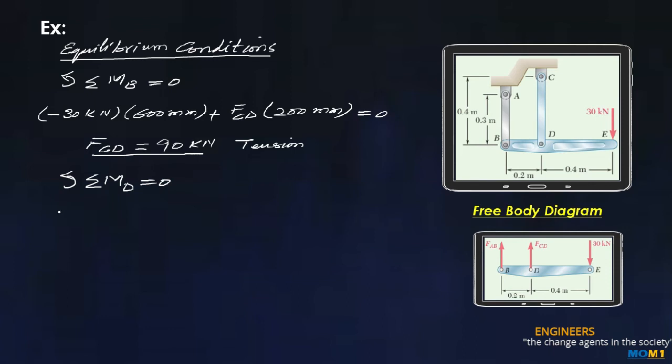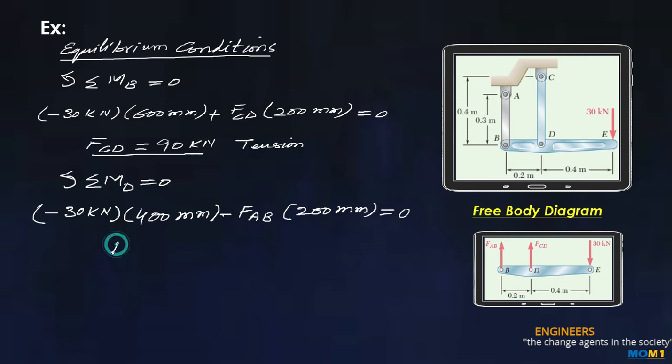Now here again minus 30 kilonewton that is at distance 400 millimeter and minus force in link AB at distance 200 millimeter equal to 0.